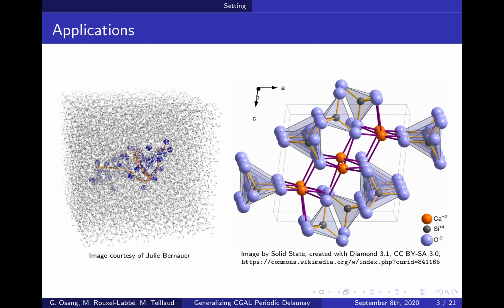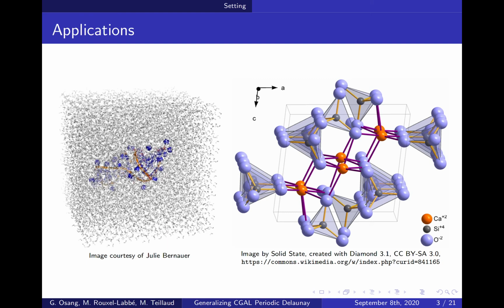Here on the left hand side you see a protein in water, and one copy of this data set fits into a cube, and we copy these cubes in all directions and run a simulation. Sometimes, especially if, for example, this protein is rather elongated and not round, then we might want to not use a cube, but rather some more rectangular shape, just so that we have to insert fewer water molecules and save on computation time and computation cost. So this is one application.